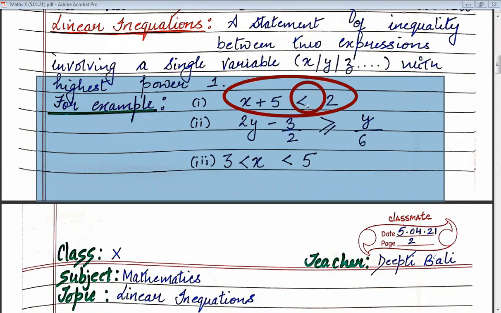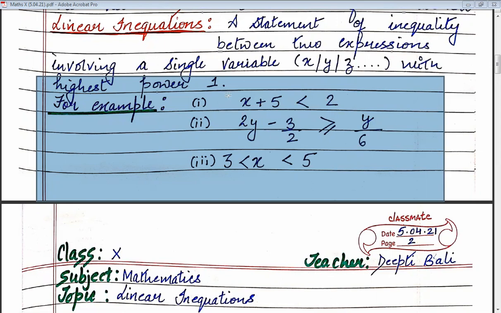Here we are having less than sign. And why is this a linear inequation? Because here the degree of the variable, means degree of highest power of the variable, is 1. You can see that here the power of x is 1, highest power. So it means this is an example of linear inequation.